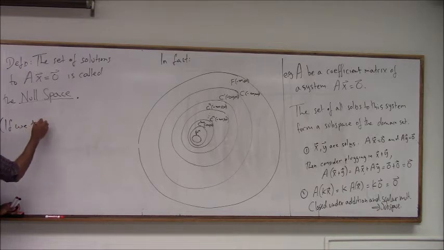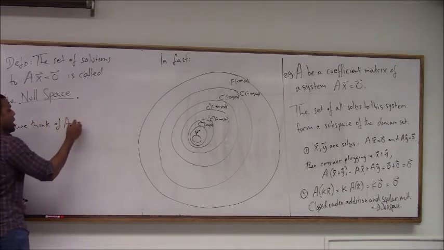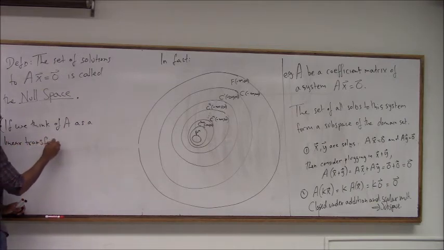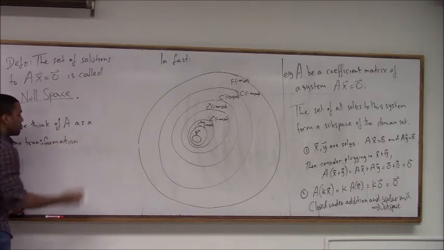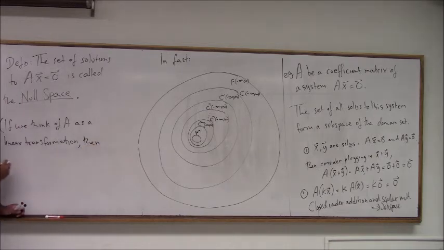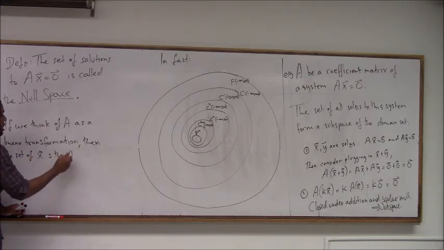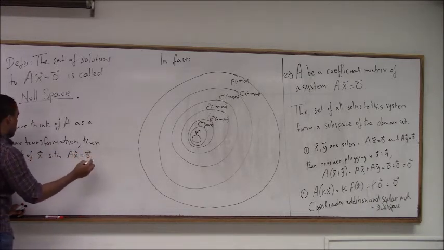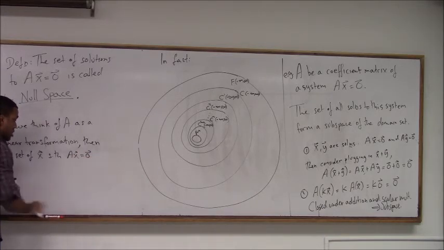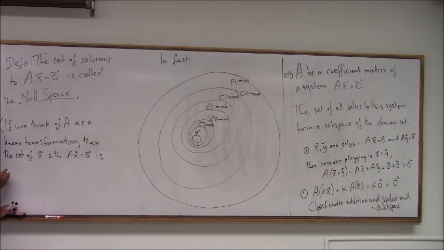We think of A as a linear transformation. Then the set of X such that AX equals 0 is given another name.